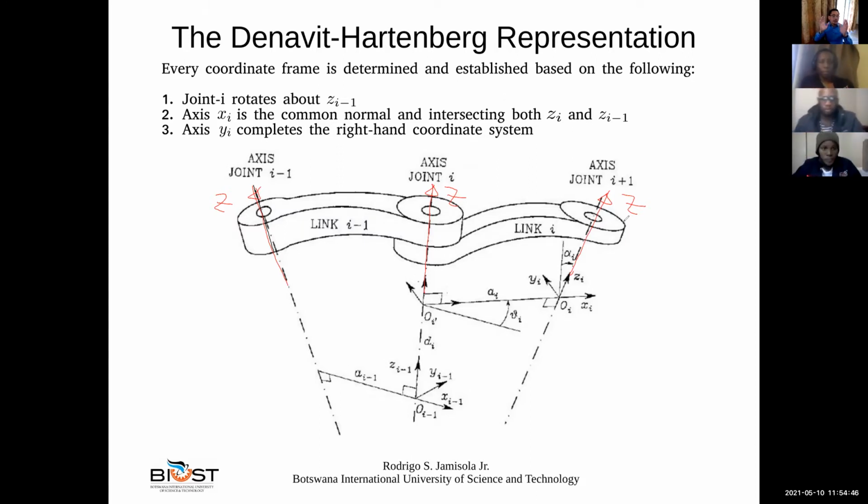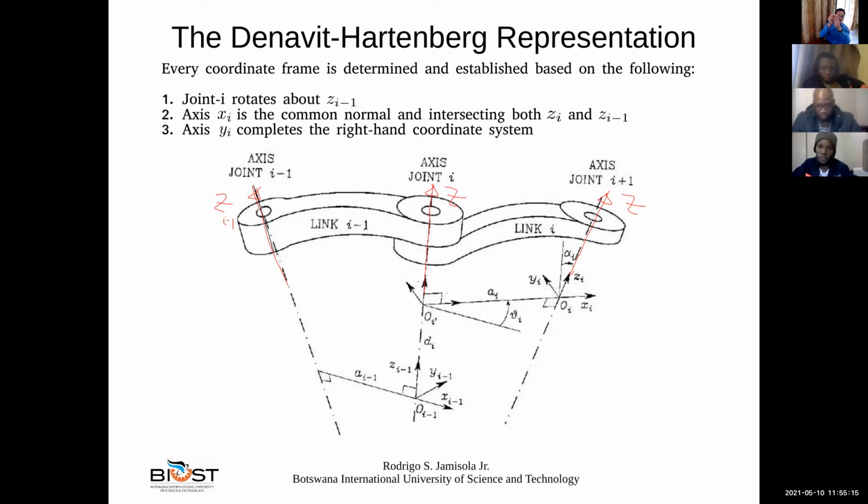Let's start with that one. So you have joint i. We say joint i rotates about Z(i-1). So if this is joint i, this is Z(i-1), because joint i rotates about this. You have a link, and then it rotates about this axis. This is the axis of rotation.